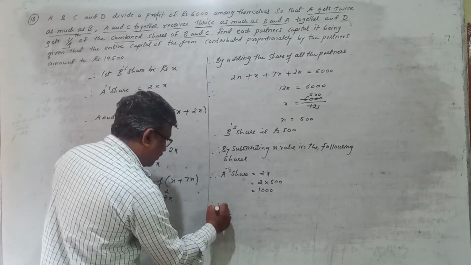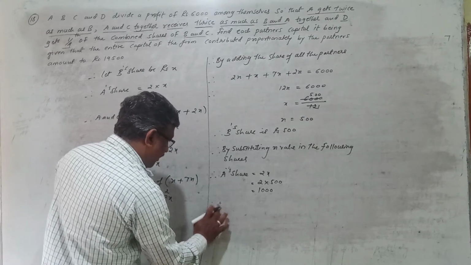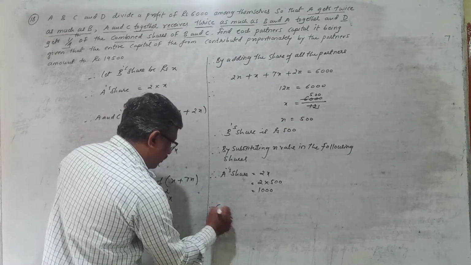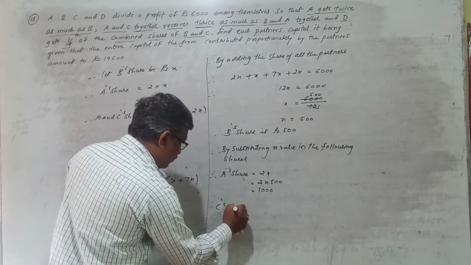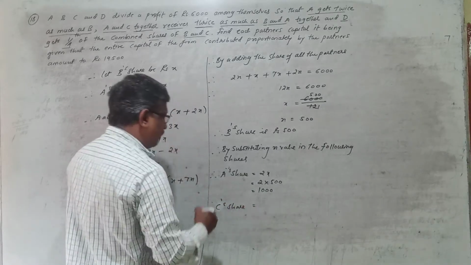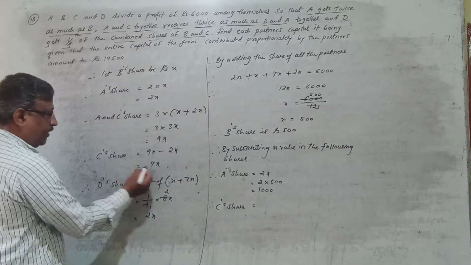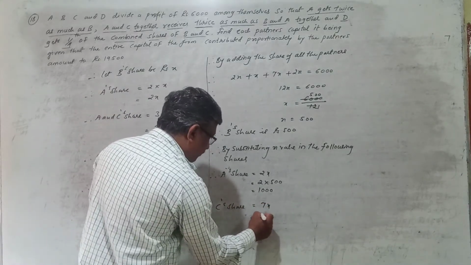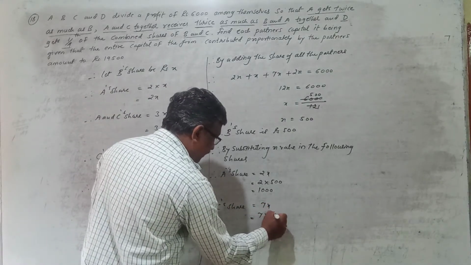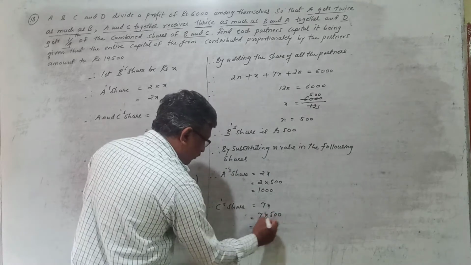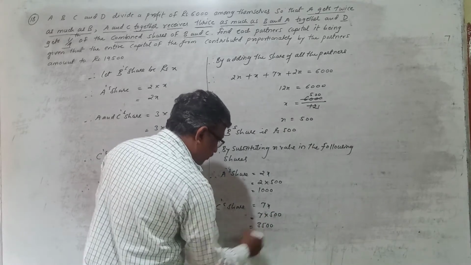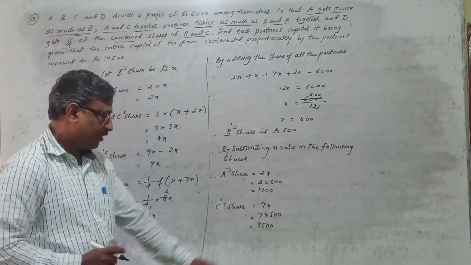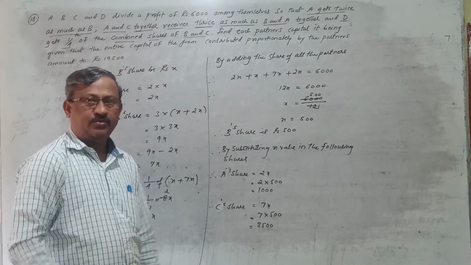Like that you find C's share. C's share of profit is 7x, which means 7 into x value 500, and 7 into 500 is 3500. So it comes to 3500.